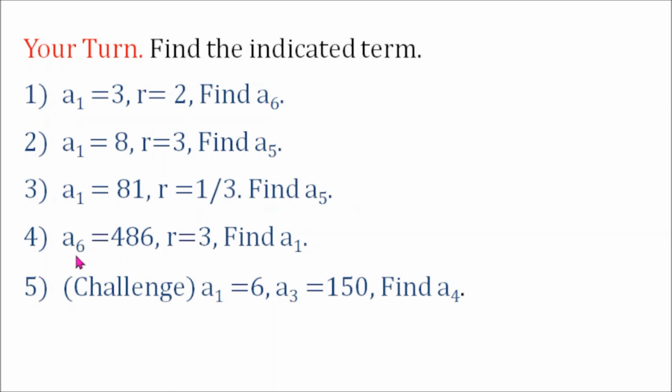Number 4, a sub 6 equals 486, r equals 3, find a sub 1. And number 5, a challenge question, a sub 1 equals 6, a sub 3 equals 150, find a sub 4. You can pause the video and work on these 5 items.